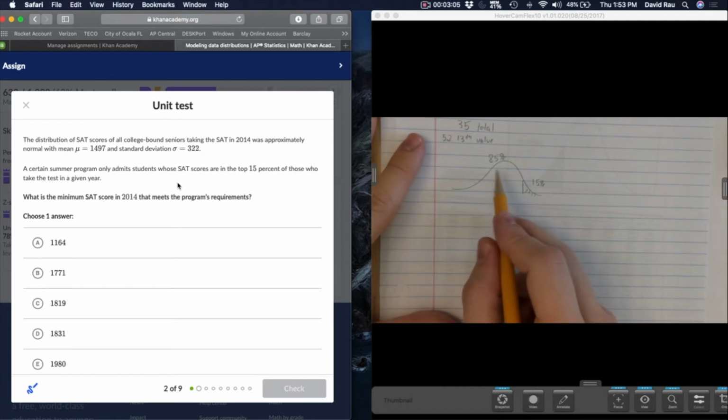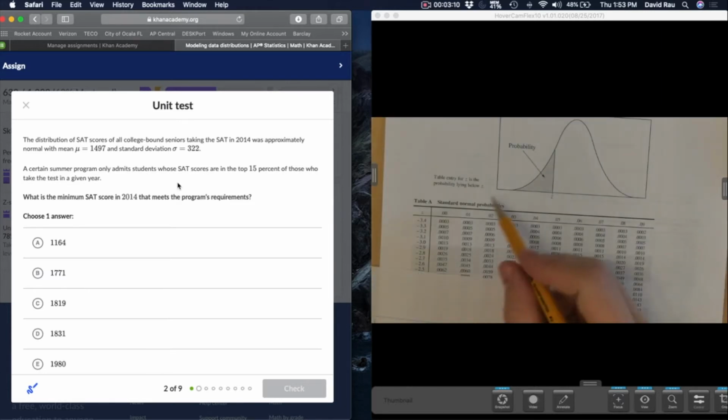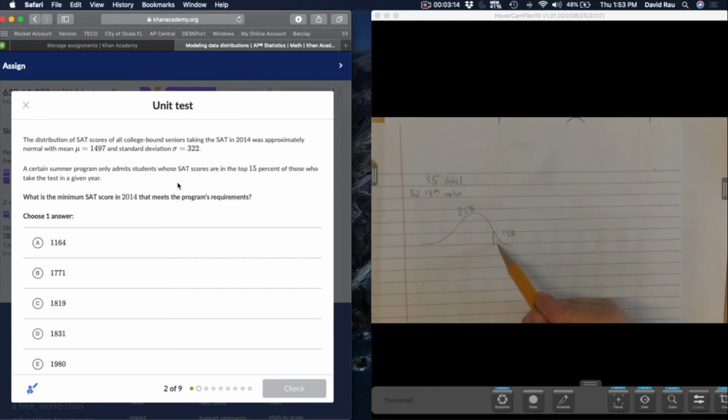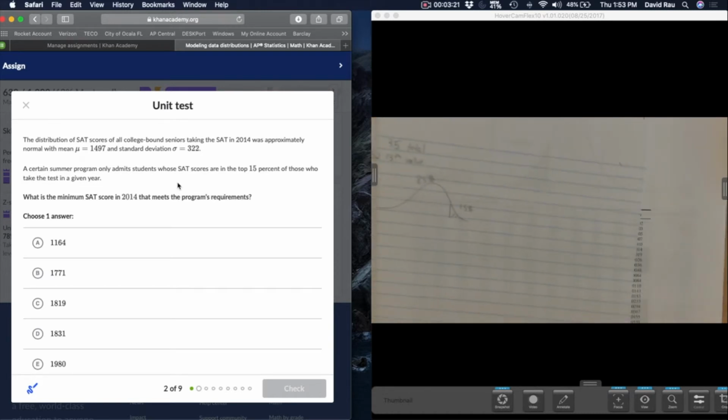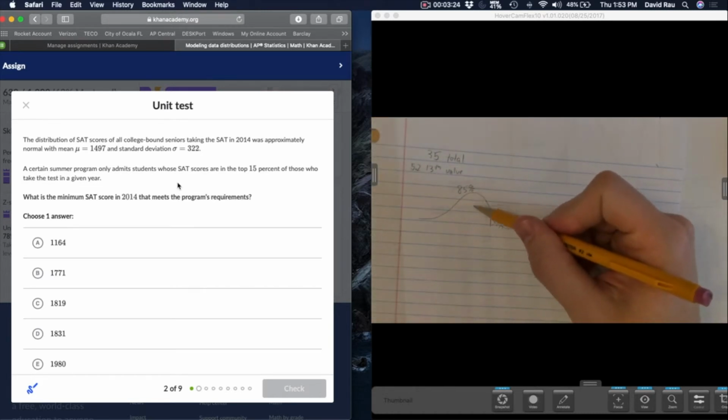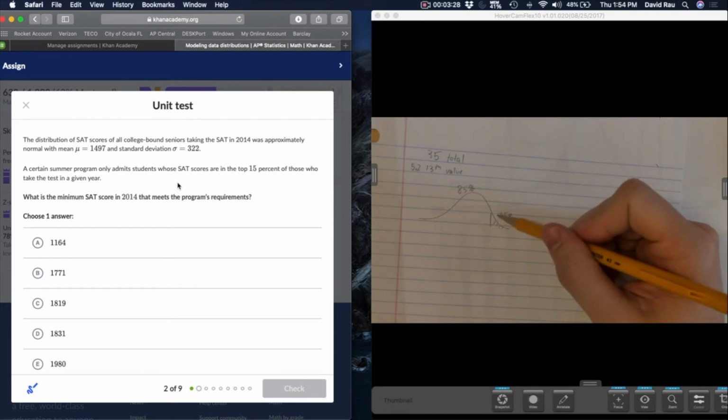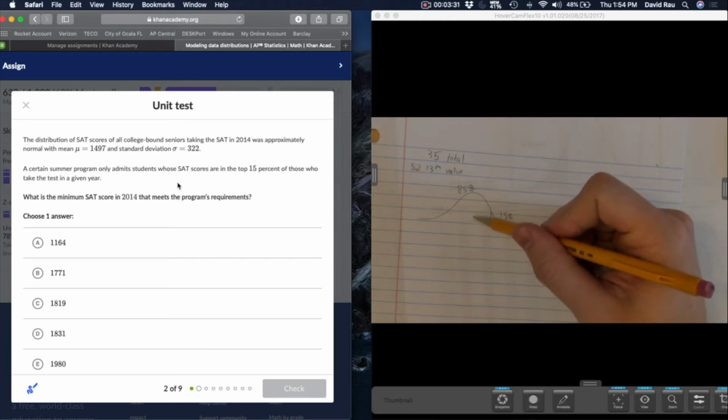And the reason I care about this 85% below is because the z-table, if you look, shows you the area to the left of what you want. So in other words, we want the area to the right, which is 15%, but the z-table will tell me where there's 85% below. And the other thing you can see here is that clearly we're going to be above the halfway mark. If there's only 15%, 50% would have been right here.